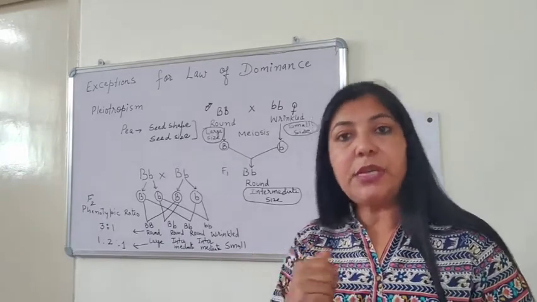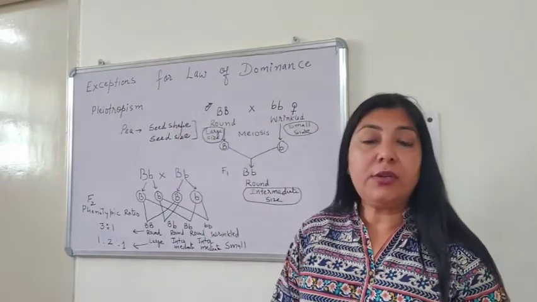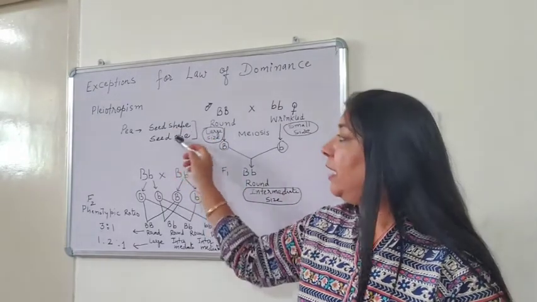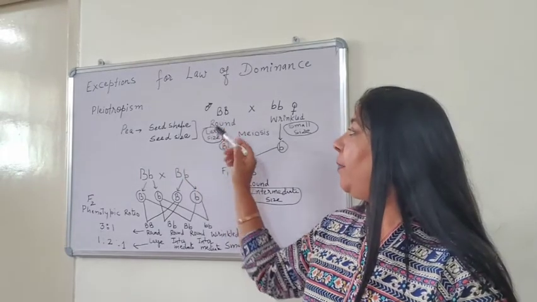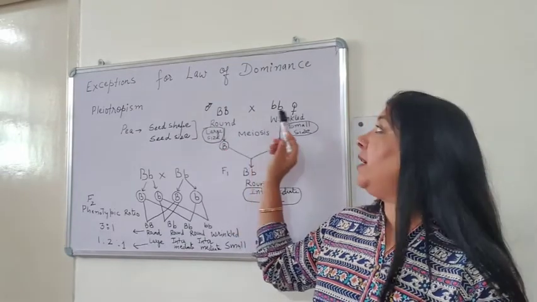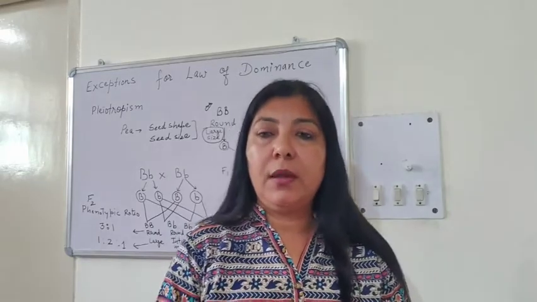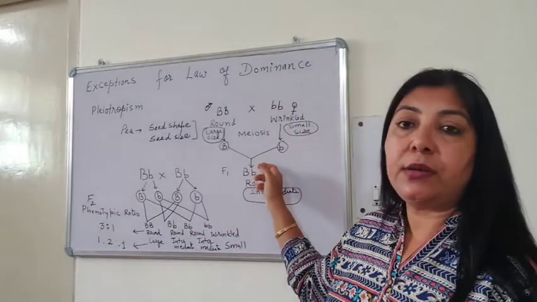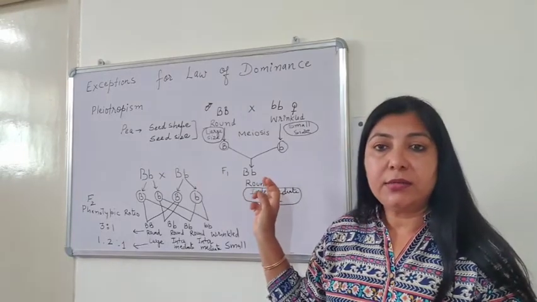But the same gene controls another character also, that is seed size. When it is capital B, the seeds are large in size. When it is small b, the seeds are small. But in F1 generation, all the seeds are intermediate.